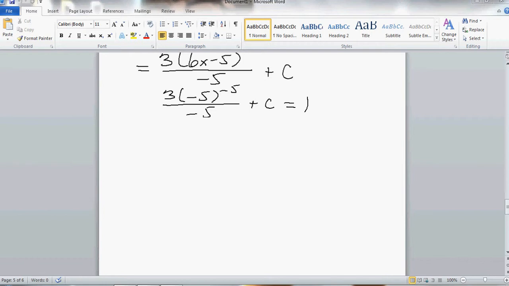So I get 3 over negative 5 raised to the negative 5th power, brings it down here. I'm going to end up with a positive 5 to the 6th power, whatever that is. I don't have that exact number available, so let me grab a calculator real quick.